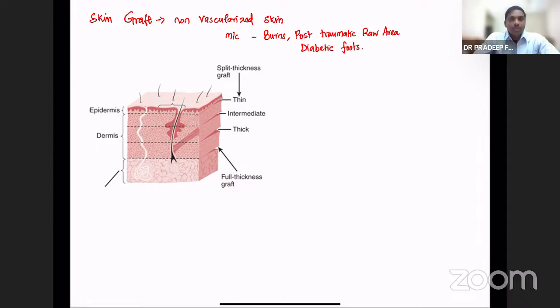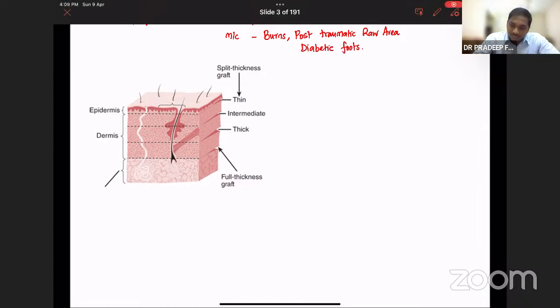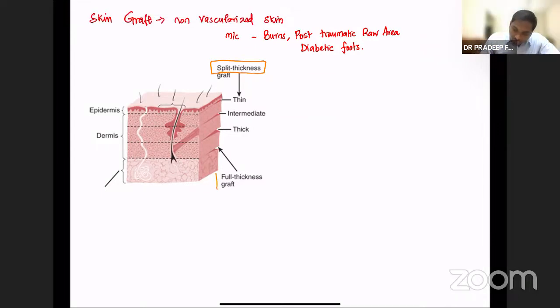So there are two types of skin graft. One is the split thickness skin graft, and another one is called the full thickness skin graft. The split thickness skin graft is otherwise called Thiersch graft, and the full thickness graft is otherwise called Wolfe's graft.